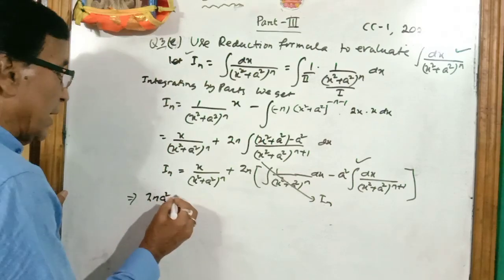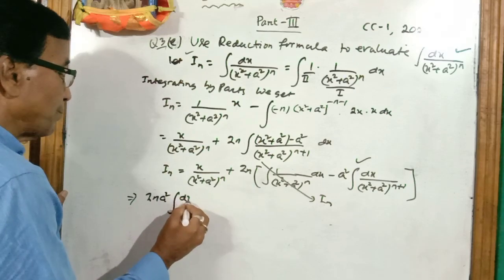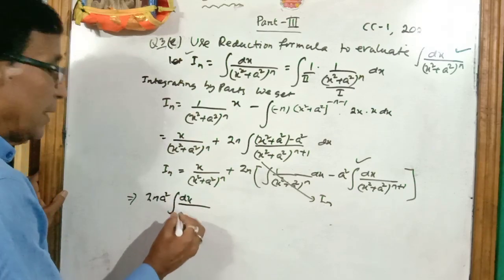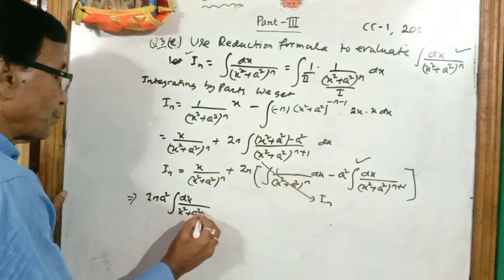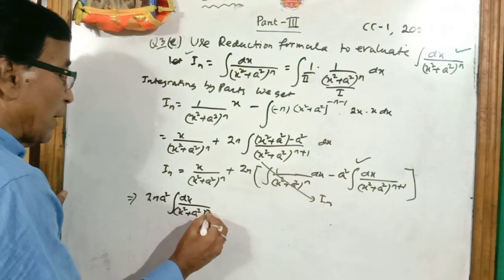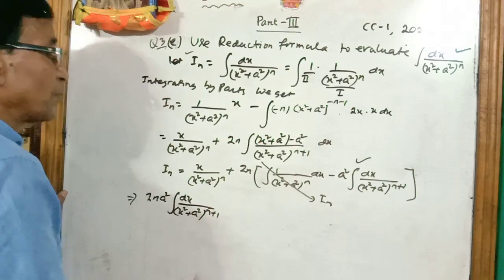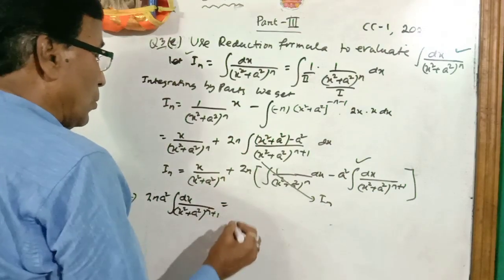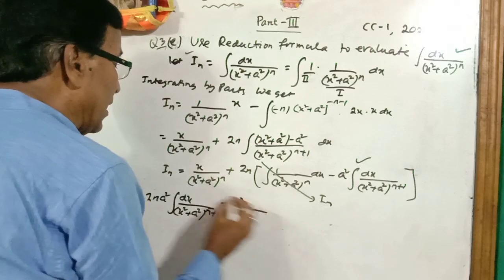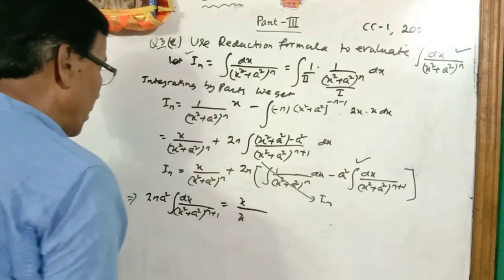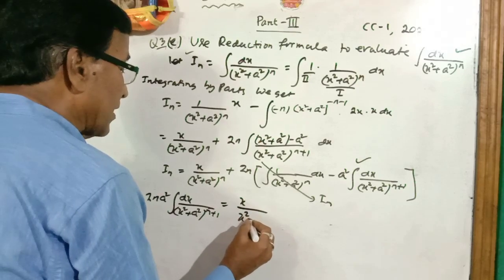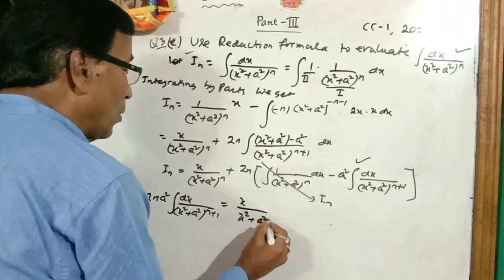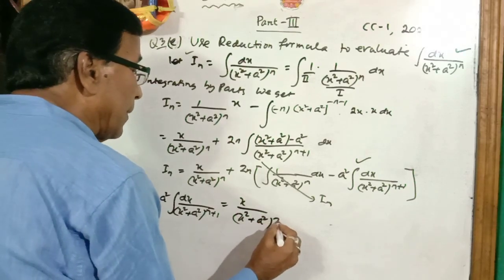Plus 2n a square integration of dx divided by (x square plus a square) whole to the power n plus 1, that is equal to x divided by (x square plus a square) whole to the power n.